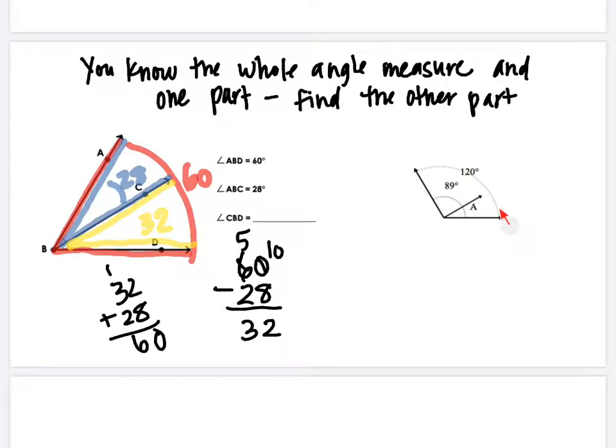So in this case, the whole is 120. The one part you have is 89 degrees. So if you subtract those two amounts, that will give you the missing part.